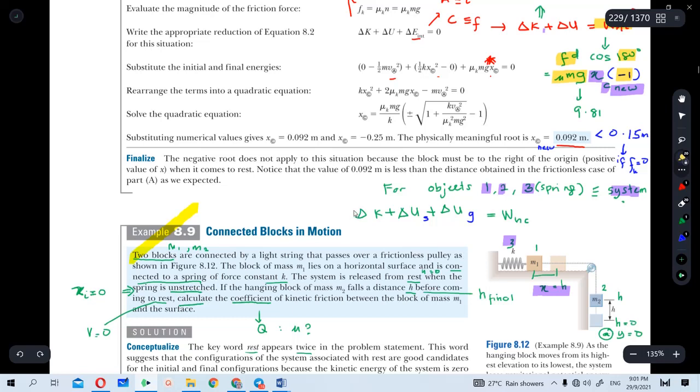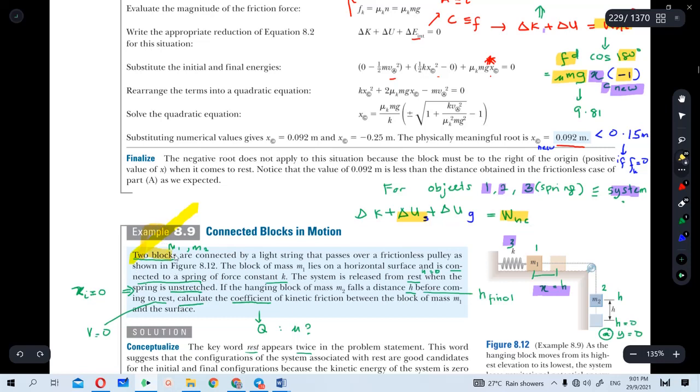Therefore, the expression of conservation of energy will now be including change in the potential energy belonging to the spring. Now, altogether, we have three types of energy that we are going to combine simultaneously. And you will find that as well, we are going to see there is friction, and because of that, there is work non-conservative.